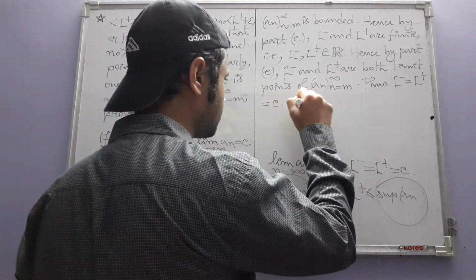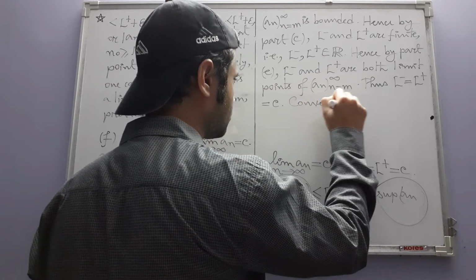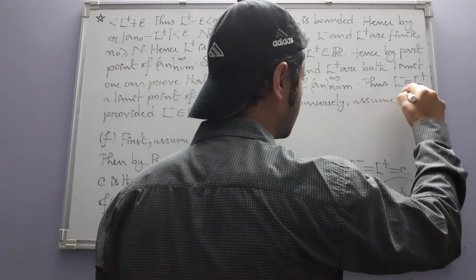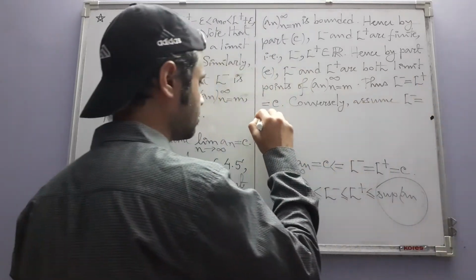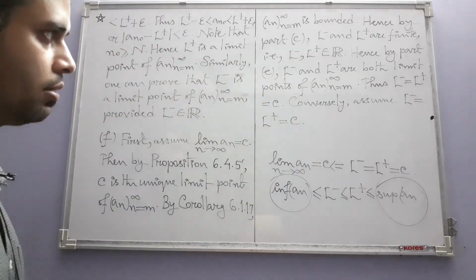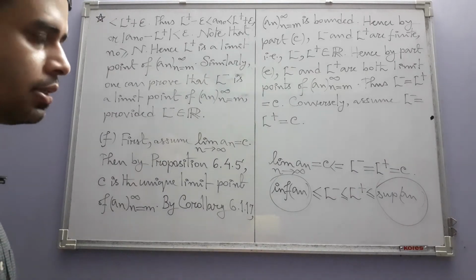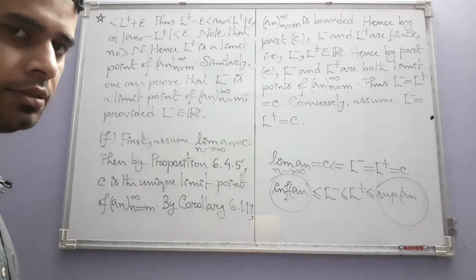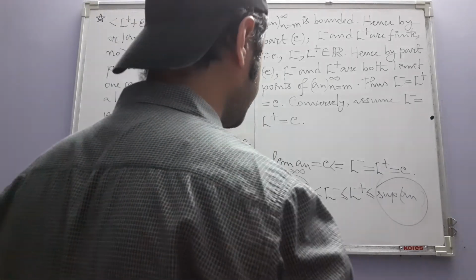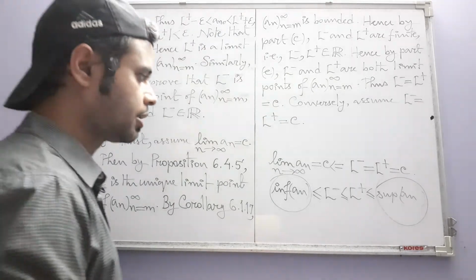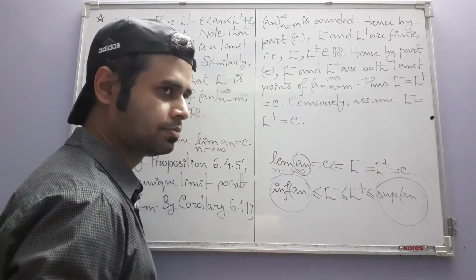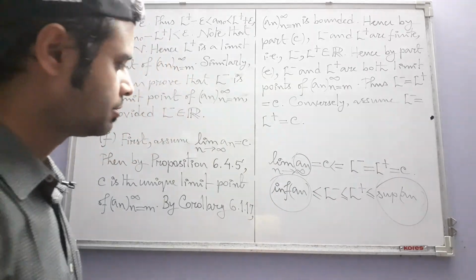Conversely, assume that these two are equal and they are equal to C, where C has already been given to be a real number, some real number, right? We want to now prove that our sequence converges to C, so we need an epsilon.